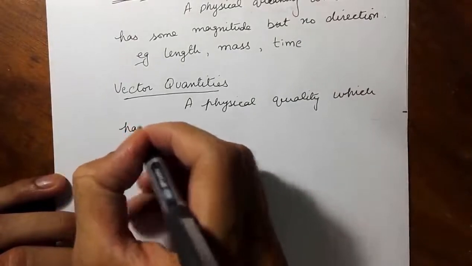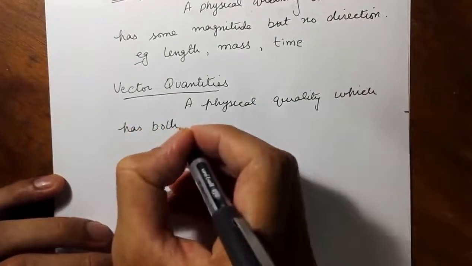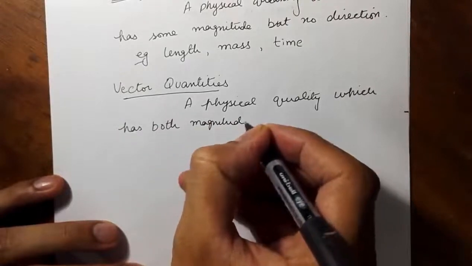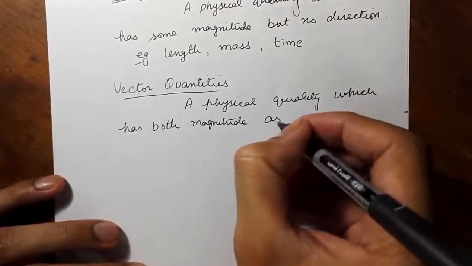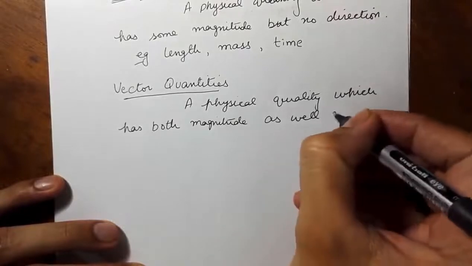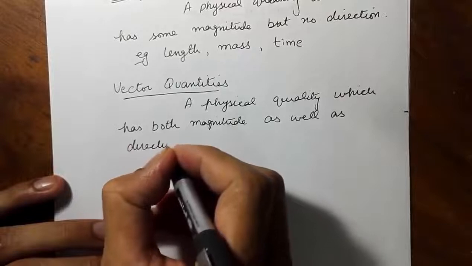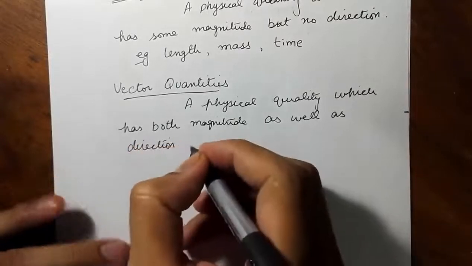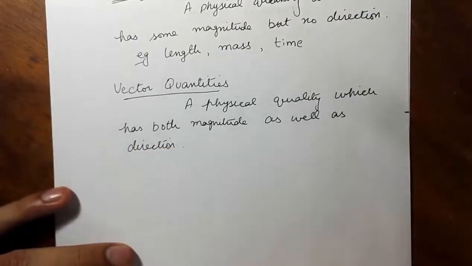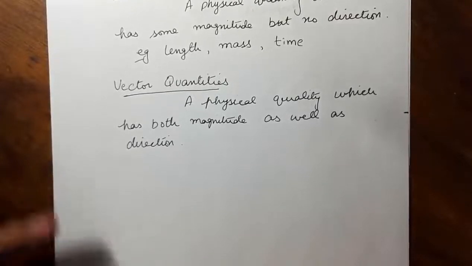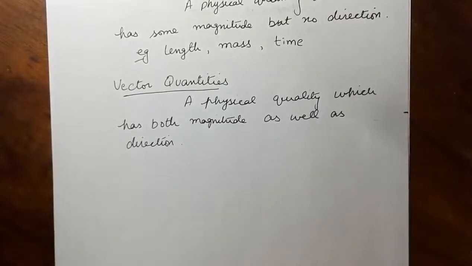Okay, so such a quantity which has both magnitude and direction is a vector quantity.